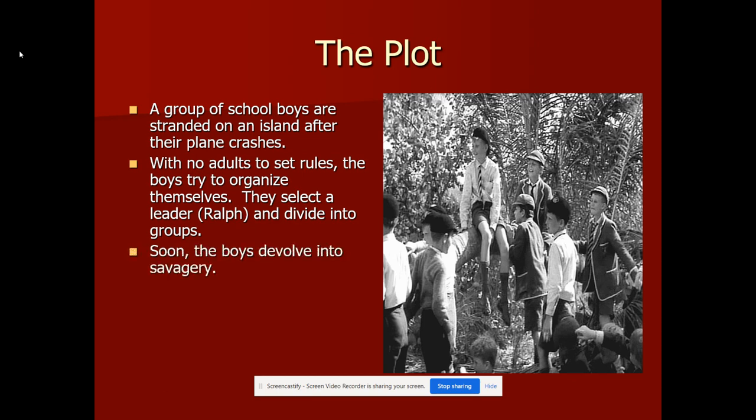All right. Now, soon the boys devolve into what William Golding called savagery. They forget about rules. They forget about being kind to each other. They forget about their responsibilities. And pretty soon the bullies among the group start to take over.